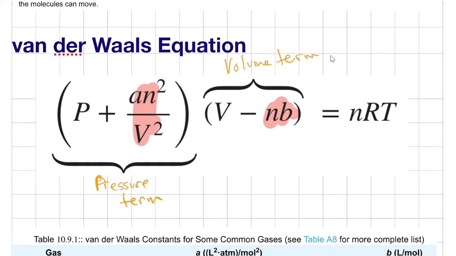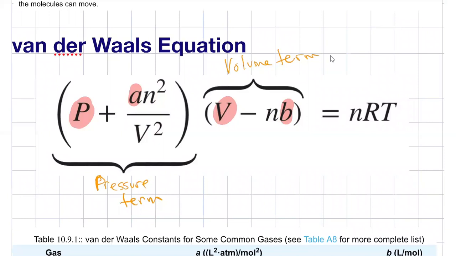But I do want you to know that in this van der Waals equation for real gases, there are two new letters. There's this letter A and this letter B. Those are correction factors for pressure and volume. The A is a correction factor for pressure. The B is a correction factor for volume.